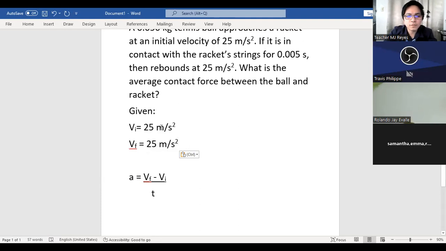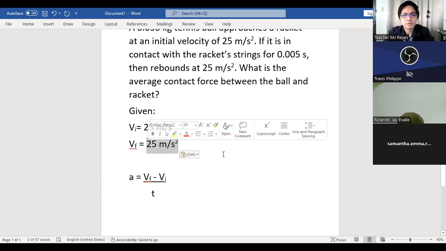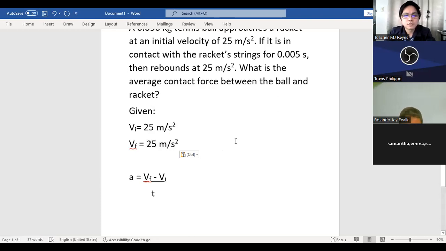If the initial velocity is 25 and our final velocity is 25 also, there's no motion there. It's the same speed. The object is not moving because it is still the same from the initial to its final. Maybe it's decelerating.